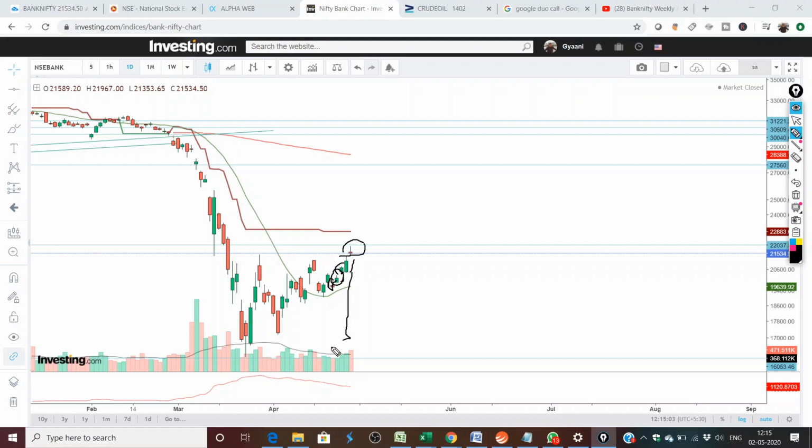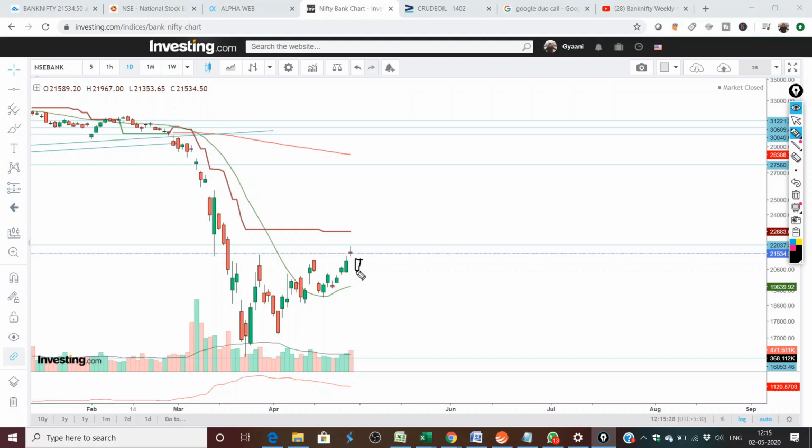Watch the volume on this candle. You can see the volume here. The volume is pretty high compared to all these candles. So this is a higher volume candle. You can expect a reversal here, a candle which can come below this. That's a candle which can form on Monday.